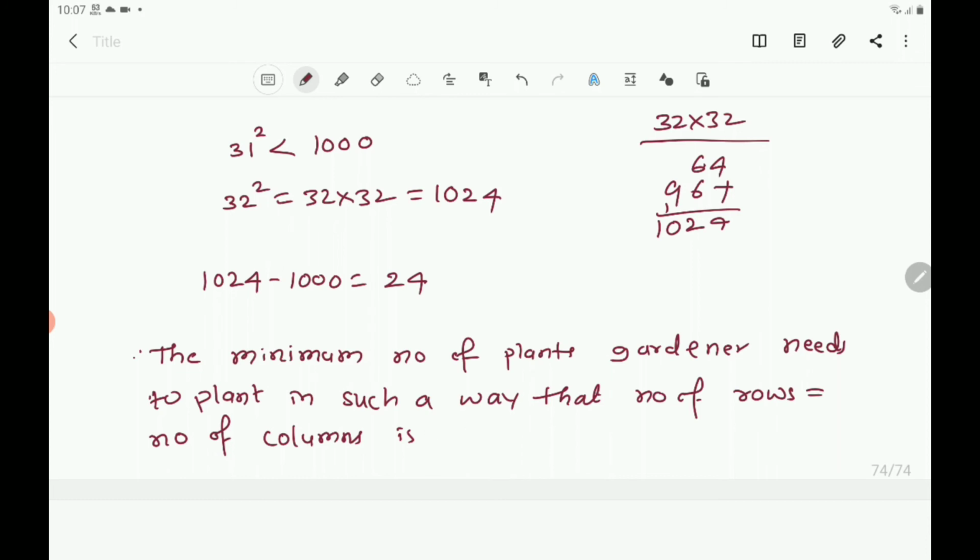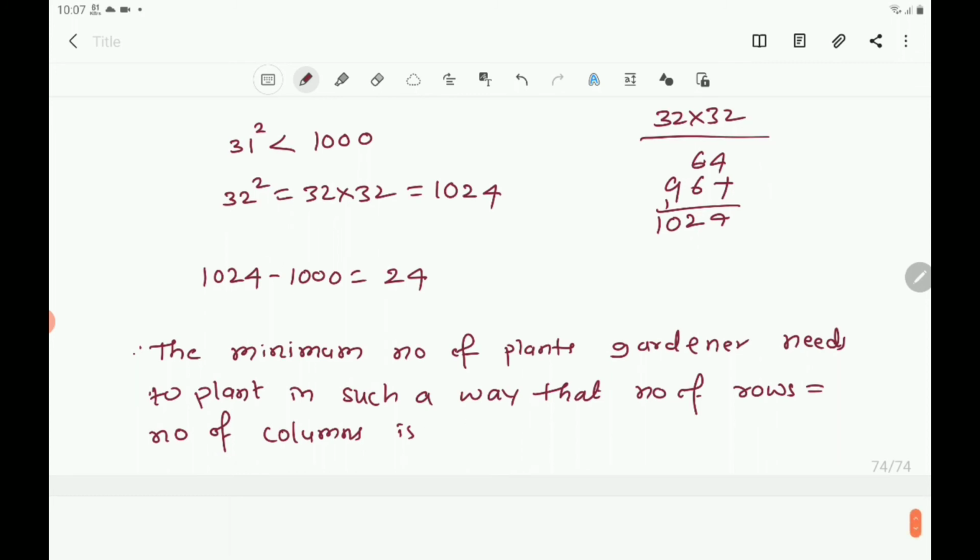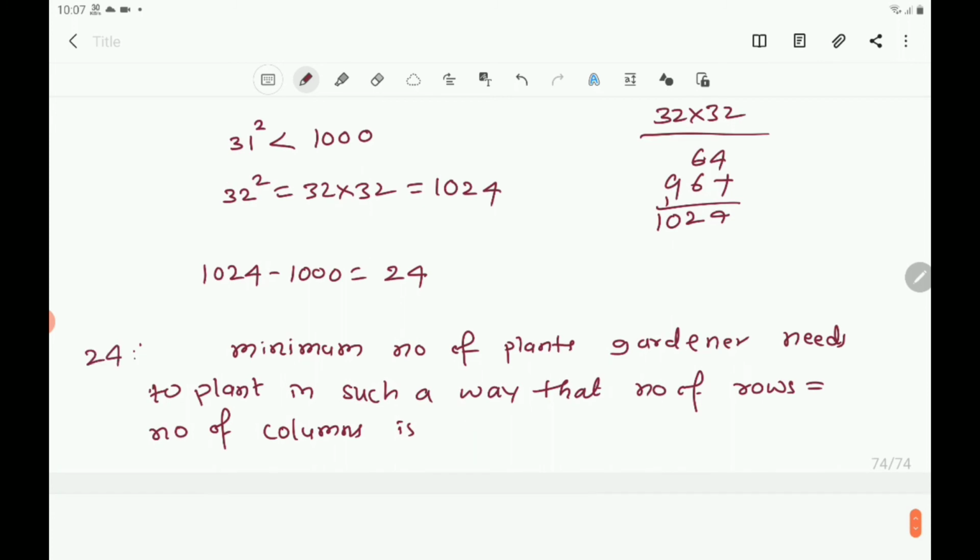Or you write, 24 is the minimum number of plants the gardener needs to plant in such a way that number of rows equals number of columns.